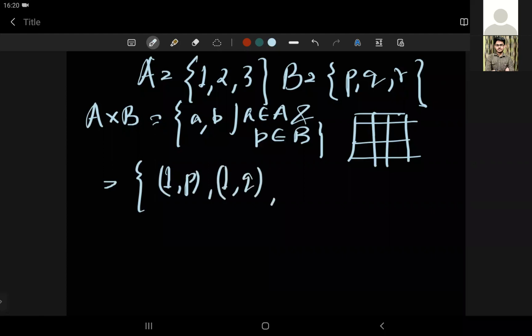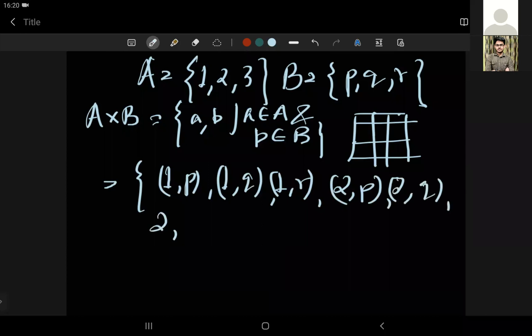And then we have (2, p), (2, q), (2, r). And then we have (3, p), (3, q), and (3, r). Done, 9.